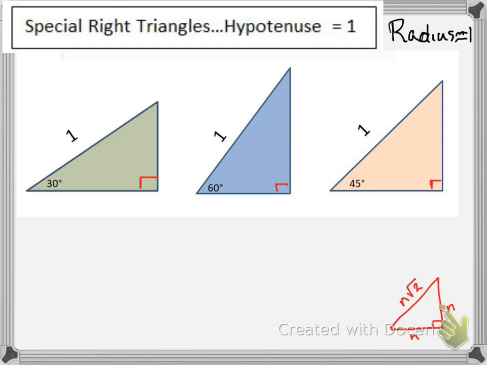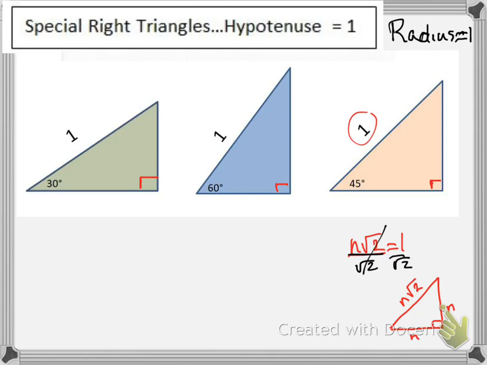So I'm going to look at this triangle, and I'm going to say, if this 1 is my hypotenuse, I can write n root 2 equals 1. And I want to try to get my n by itself. I'll divide by root 2 on both sides.